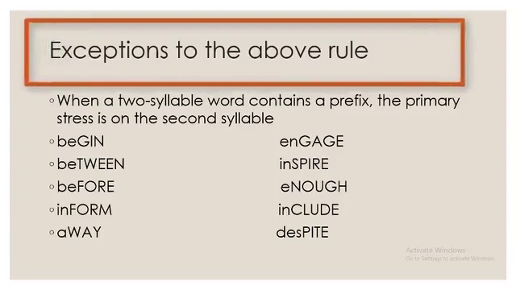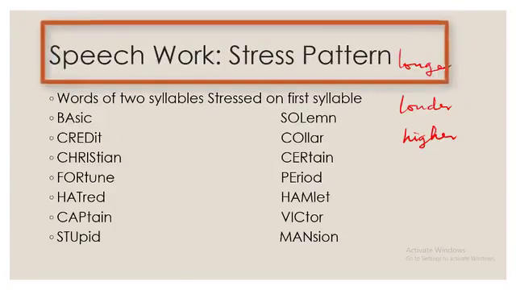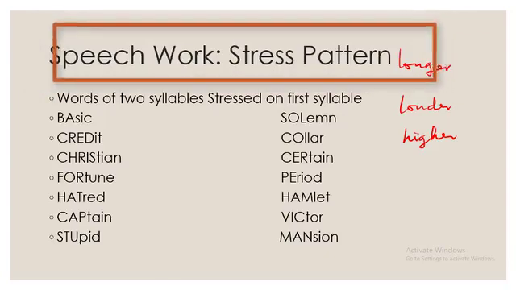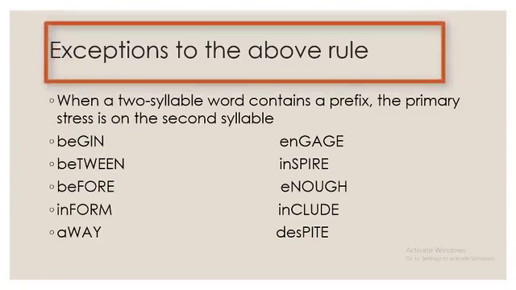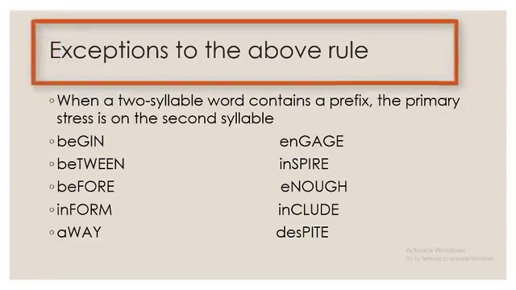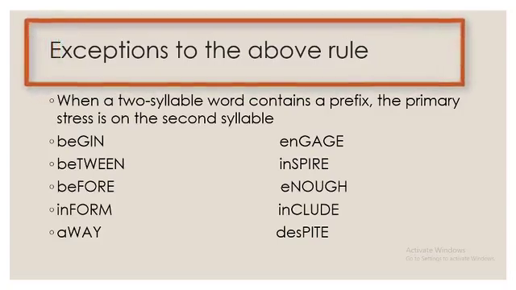These are examples of two-syllable words that are stressed on the first syllable, but there are exceptions to these. When a two-syllable word contains a prefix, the stress falls on the second syllable.